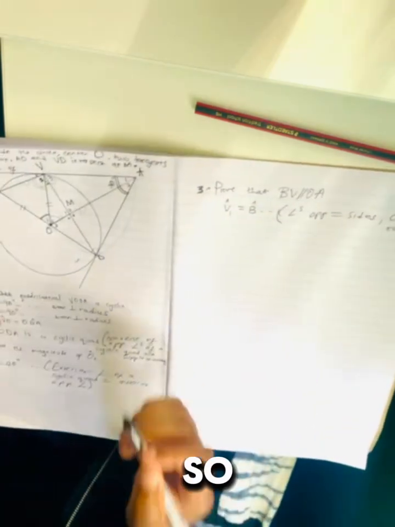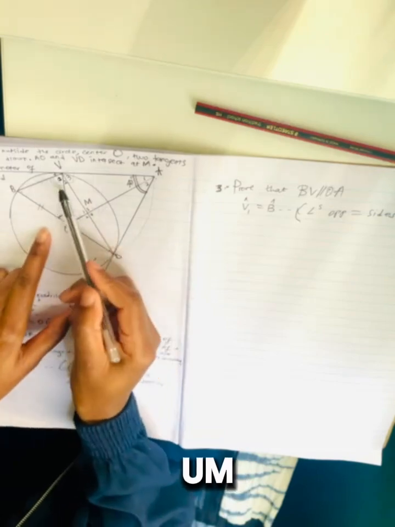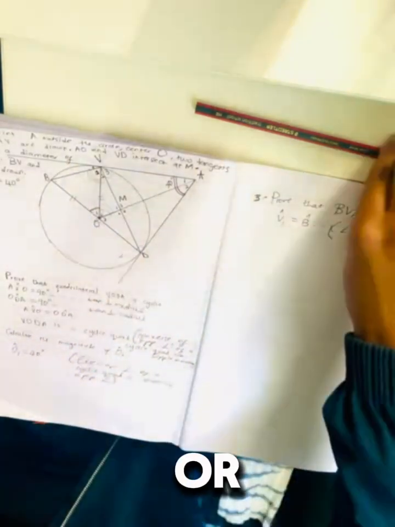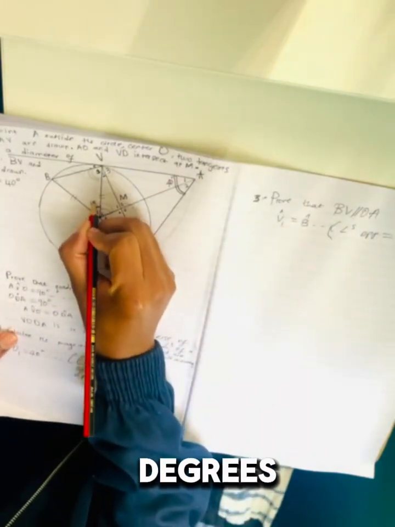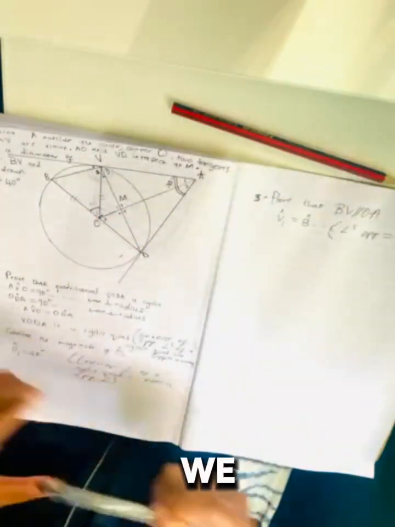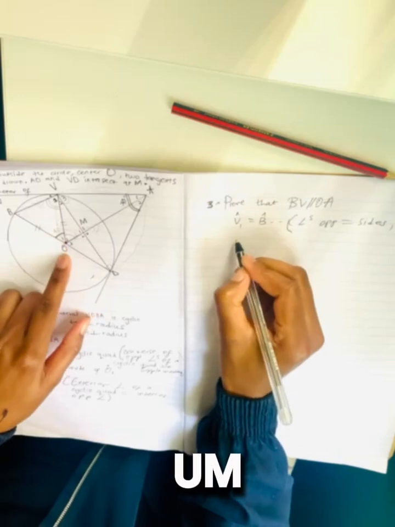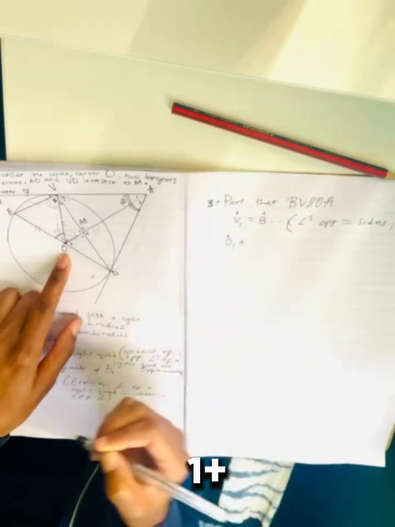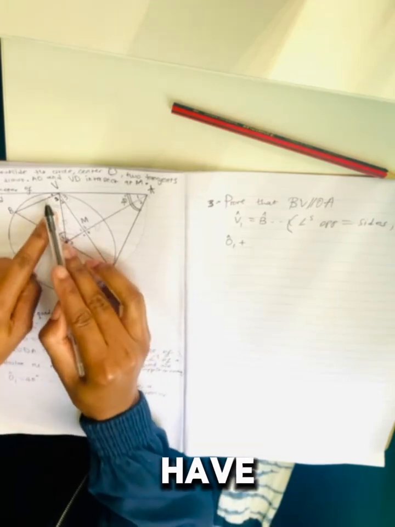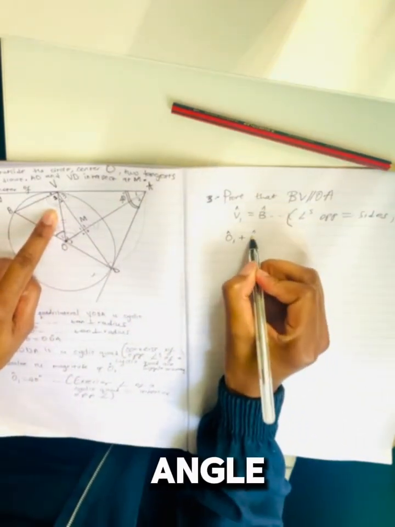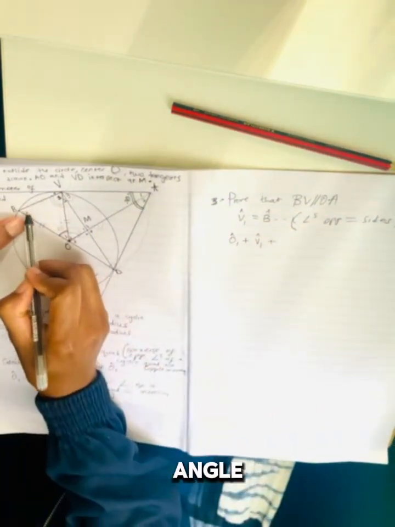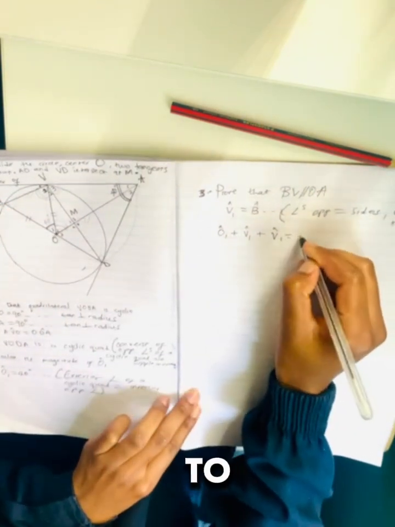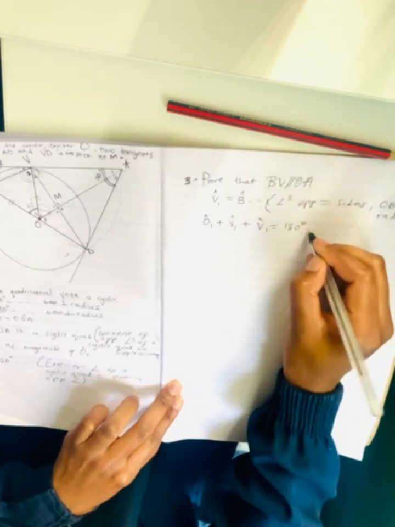So this is it. Now we can calculate our V1 since we know what our O1 is. So we say this is 40 degrees. And then we're going to say that angle O1 plus angle V1 plus angle B, which is equal to V1, so we can just say angle O1 plus 2 angle V1 is equal to 180 degrees.